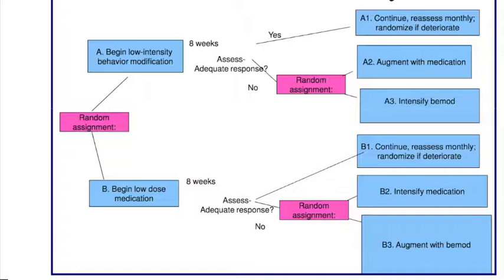If they start to have problems in the classroom, they're randomized to one of two tactics. If you started with the behavioral modification, augment with medication, versus intensify the behavioral modification, do more retraining. If they started with medication, they could intensify the medication, that is up the dose, provide evening meds, or augment with the behavioral modification.